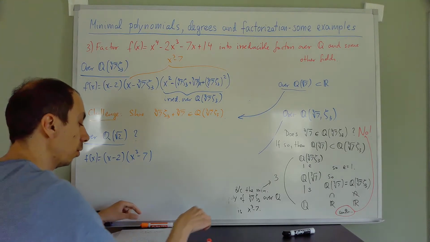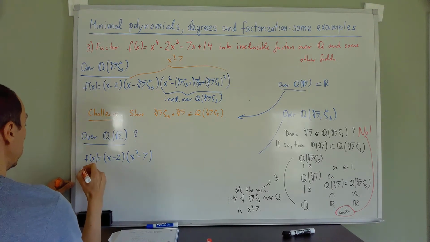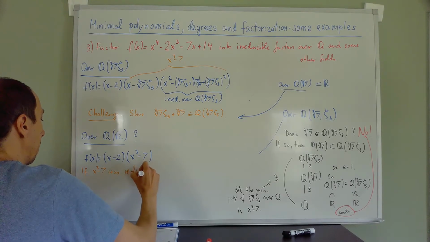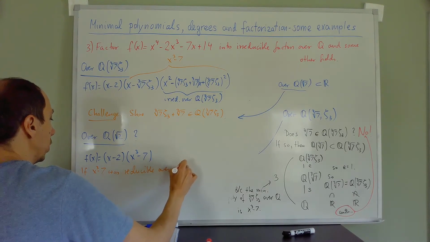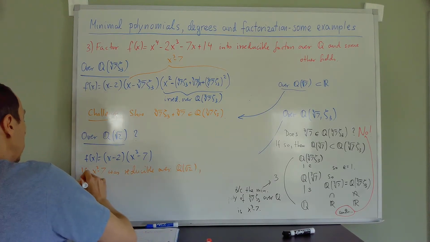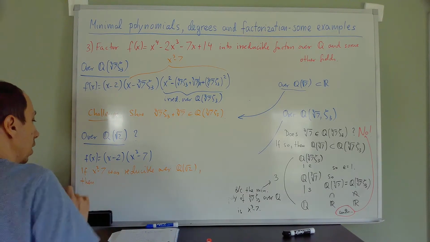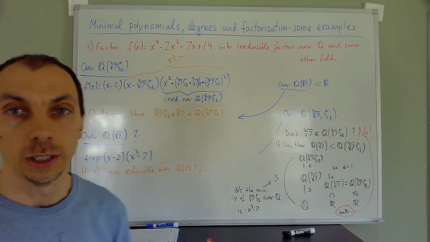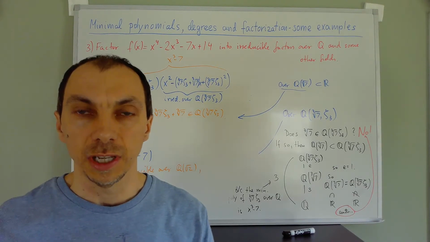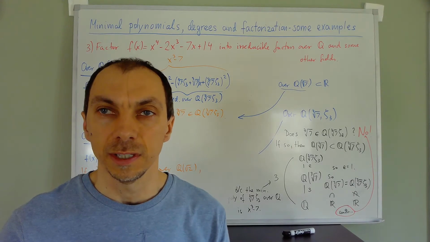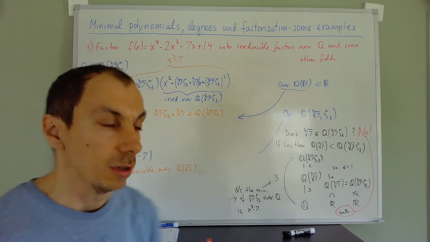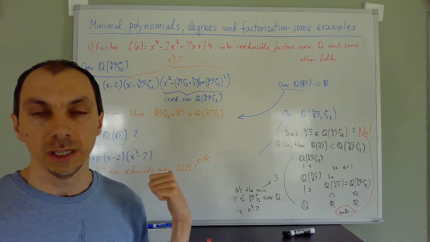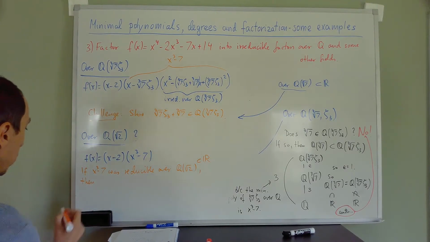Well, if x cubed minus 7 was reducible over Q adjoin radical 2, then it would have a root in Q adjoin radical 2 because it's a cubic polynomial, and I know its roots. The cube root of 7, cube root of 7 zeta 3, and cube root of 7 zeta 3 squared. Only one of them is real, and this field is definitely contained inside the real numbers. So the only root that has a chance of being inside Q adjoin radical 2 is cube root of 7.